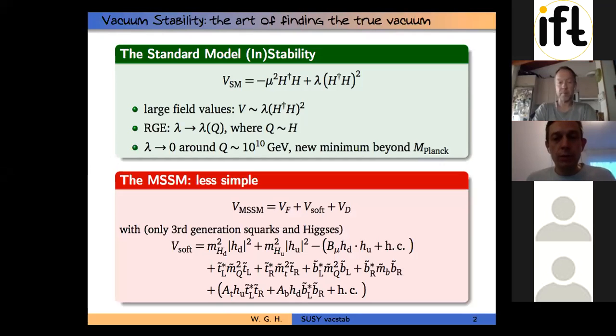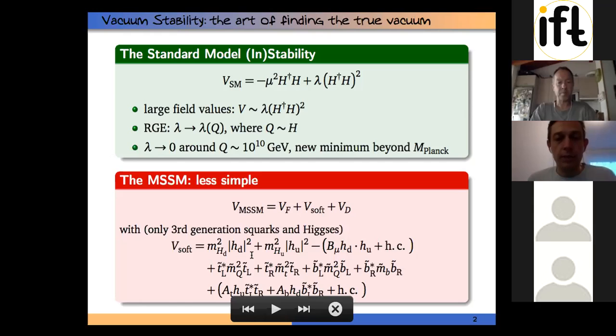In supersymmetric models, the situation is a bit less simple, and we are going to find new minima not beyond the Planck scale, but already around the corner at the SUSY scale. The reason is here: I printed parts of the scalar potential in the MSSM, especially the soft breaking terms, those terms that break supersymmetry softly. They will be responsible for driving new vacuum expectation values of all these new scalar fields.